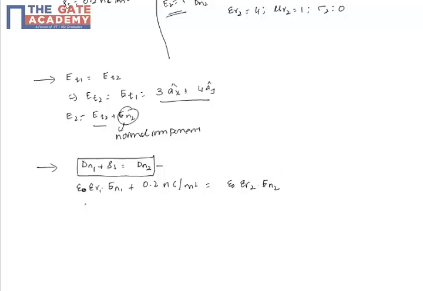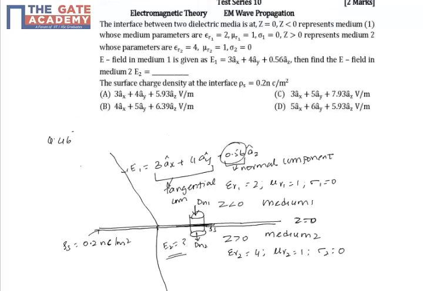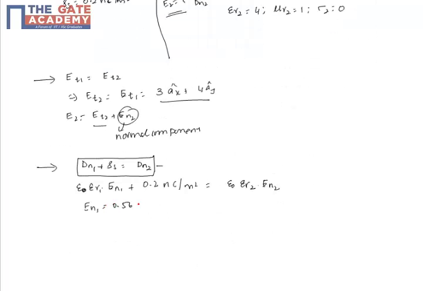En1 is given here as 0.56 az. Epsilon naught is equal to 1 by 36 pi into 10 power minus 9. So we'll have epsilon naught into epsilon R2 En2 minus epsilon R1 En1 is equal to 0.2 into 10 power minus 9 coulomb per meter square.